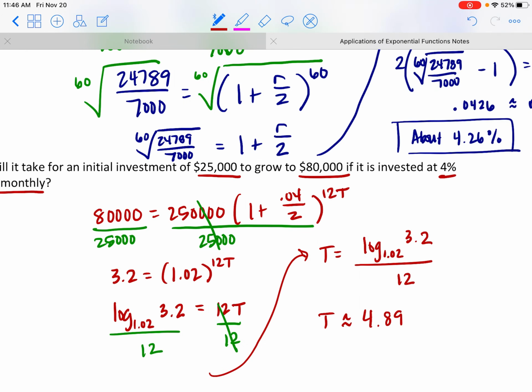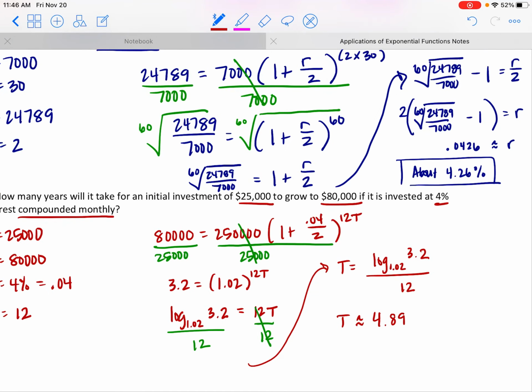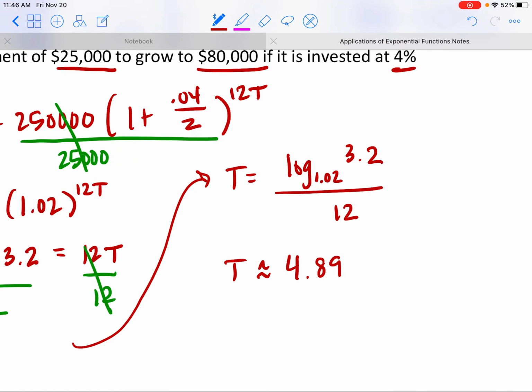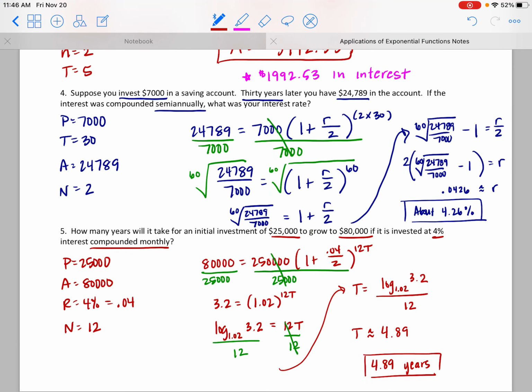So it's going to be almost 5 years for this investment to grow to $80,000. So let's say 4.8. If you said about 5, that would be fine. So less than 5 years, your 25,000 grows to 80,000 by just letting it sit in this investment. That again is a good investment of money.